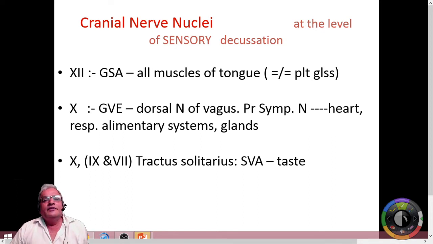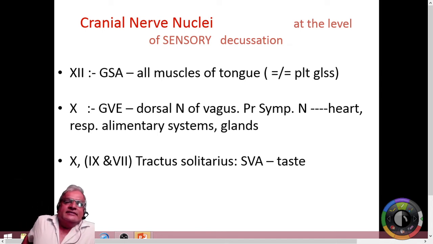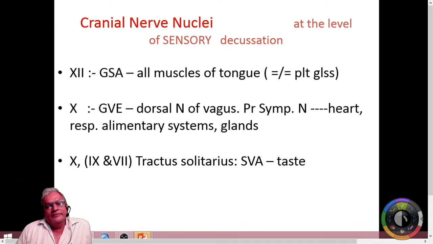So the cranial nerve nuclei at the level of the sensory decussation: the 12th cranial nerve, which is the general somatic efferent column, along with, if you remember, oculomotor, trochlear and abducens. So these four are general somatic efferent. Sorry, I made a mistake there.